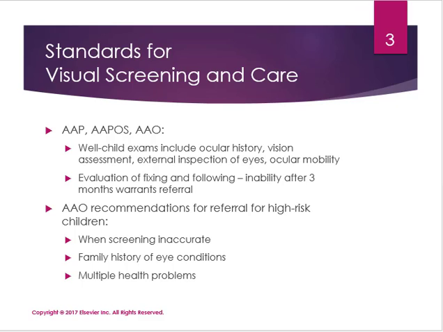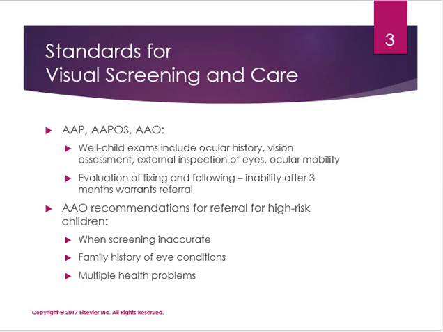There are several organizations that recommend that we do well child exams that include ocular history, a vision assessment, external inspection of the eyes, and assessment of ocular mobility. We also in practice need to evaluate for fixing and following.